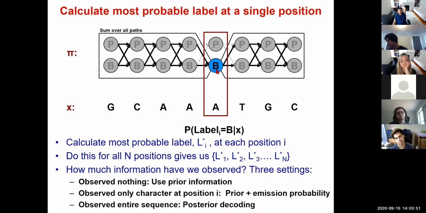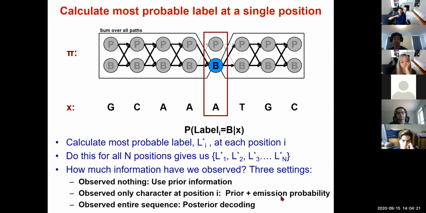And there, I just simply ask, which of the 2 states is most likely a priori? Is it promoter or background? And that just comes from the stationary distribution of the HMM, of the Markov chain. Not very interesting. So if I've observed nothing, I just use the prior information. If I've observed only the character at that position, then it's basically my prior and the emission probability.